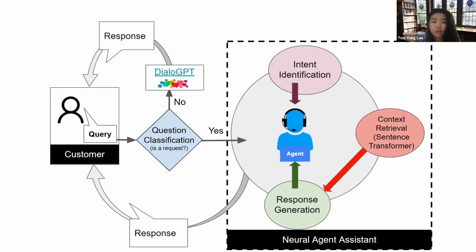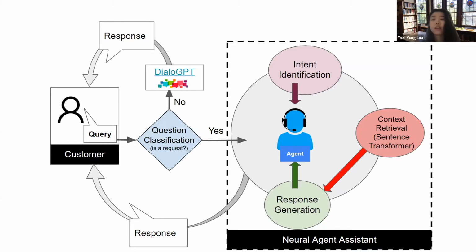To start off, upon receiving a customer's question, we have a question classification model in which we see whether this is just a how-are-you type of question or a request. If it's a how-are-you type of question, a dialogue GPT is going to be activated, and it's just going to talk to the customer. But if it is a request, then our neural agent assistant is going to be activated.